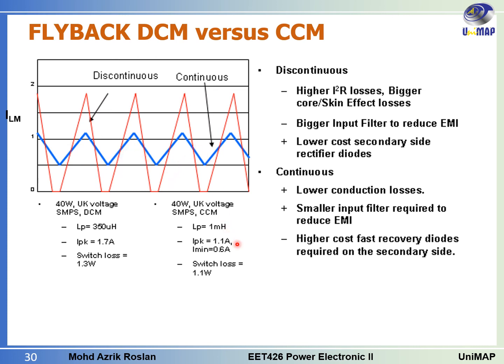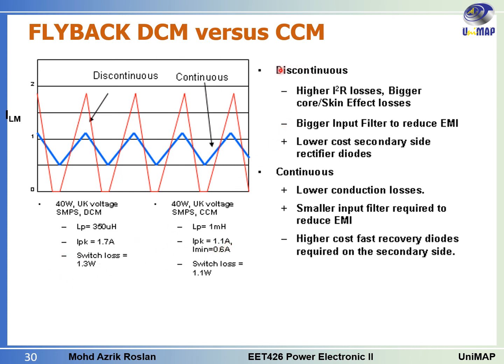The maximum current is 1.1 and the minimum is 0.6, and the switching loss is lower, which is 1.1 watt. For the DCM, although it starts from 0, the peak will reach 1.7, and the switching loss is 1.3 watt.